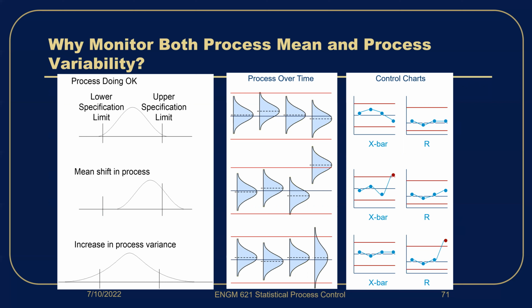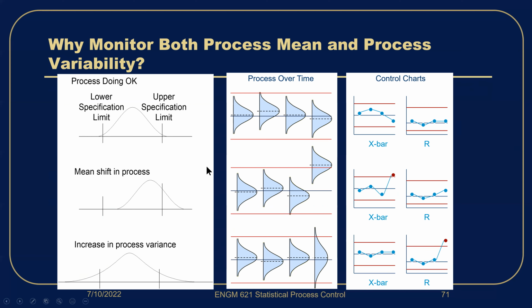Here it shows us the reason. If the process is doing okay, both the mean and spread are relatively stable. There may be some small shifts or variation, but they're acceptable. They are due to chance causes.